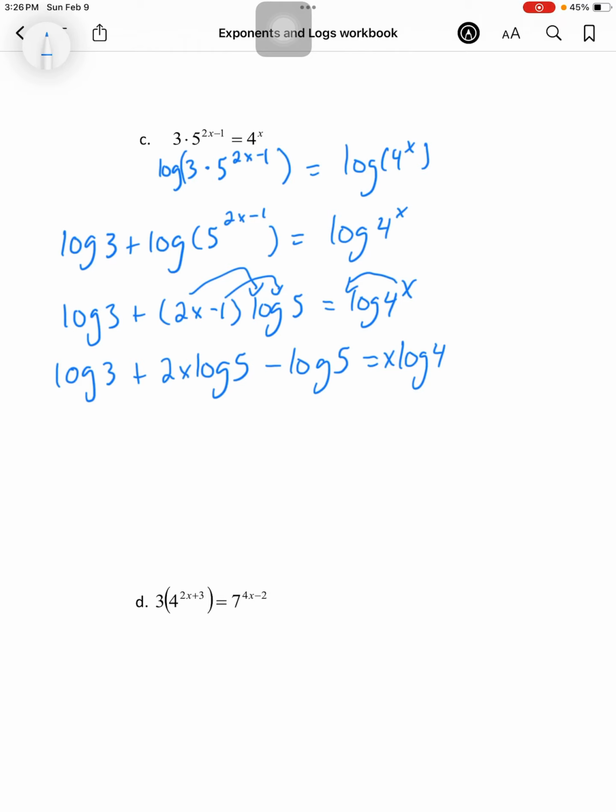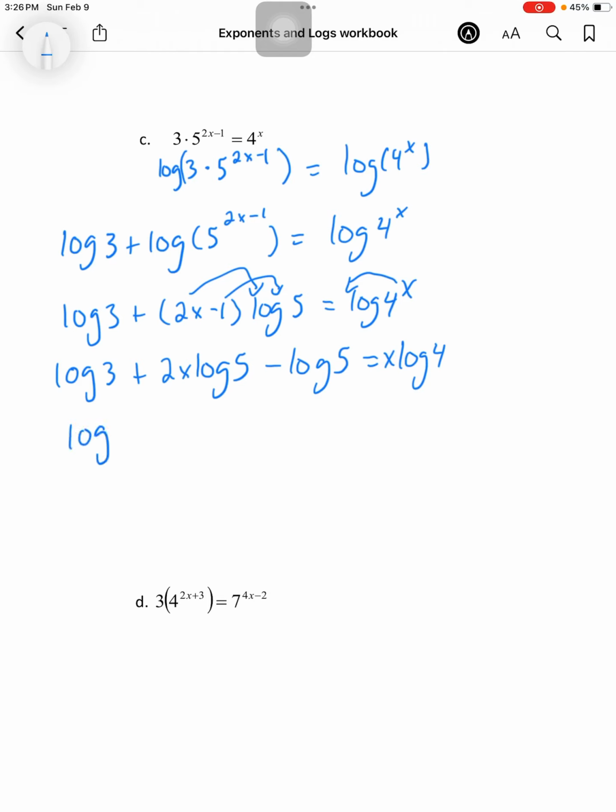So here, what do we do next? We move all the x's to the same side. So I'm going to move all the x's, in this case, to the right side. Or actually, wait, no. Yeah, I'm going to move to the right side, sorry.